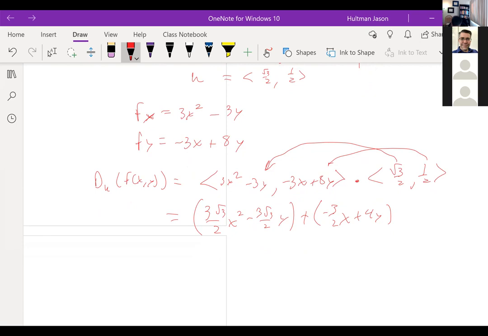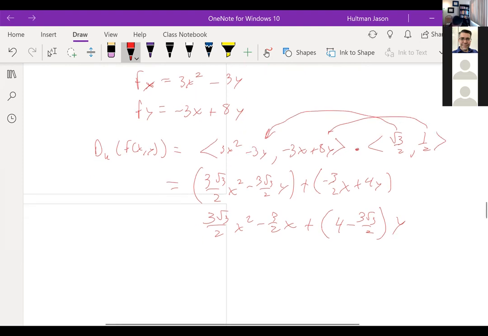So we have 3 radical 3 over 2 x squared minus 3 over 2 x, and then I'm just going to factor: plus 4 minus 3 radical 3 over 2 times y. Okay, and I kind of leave it like that. So that's my derivative.